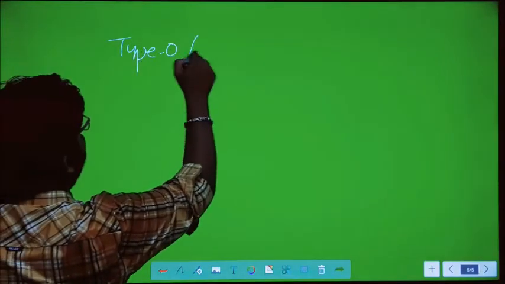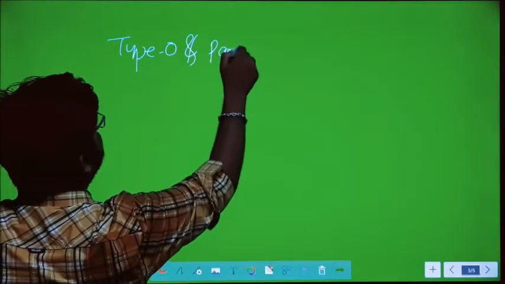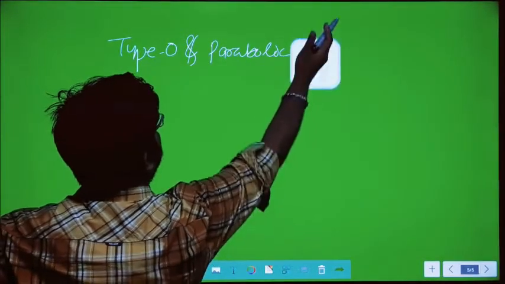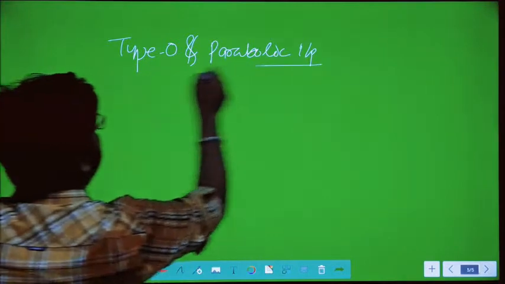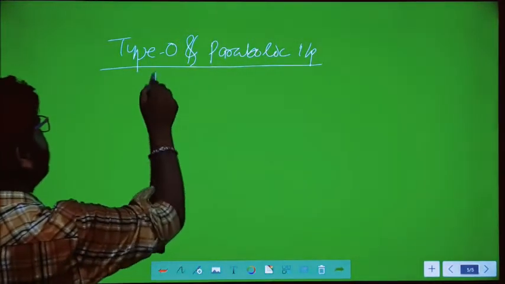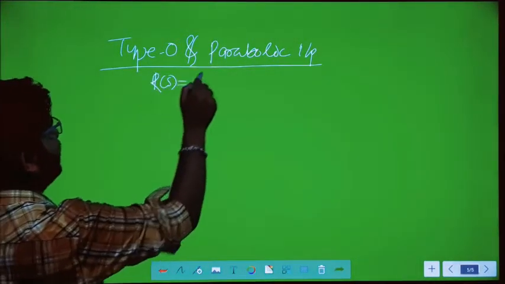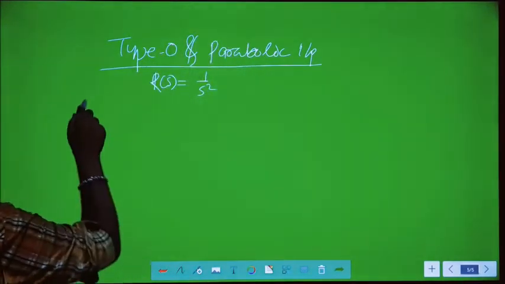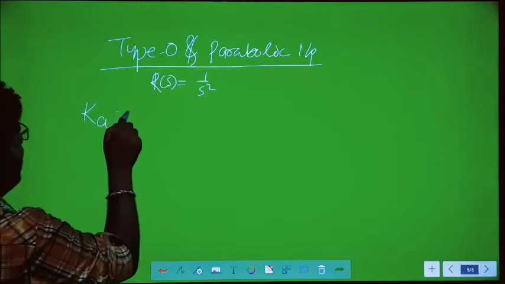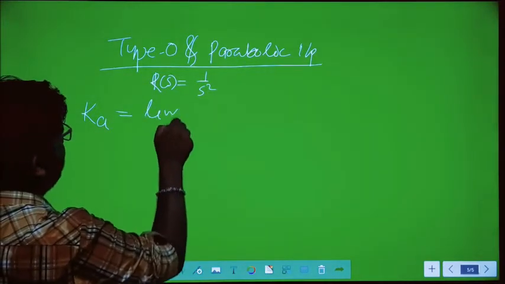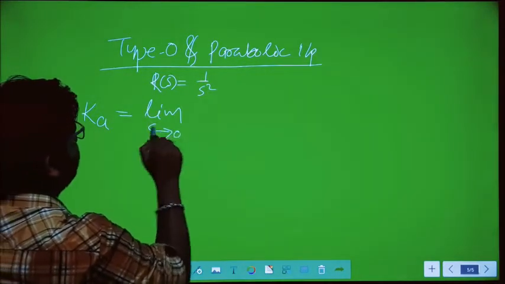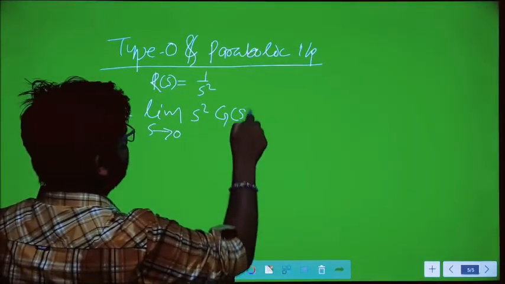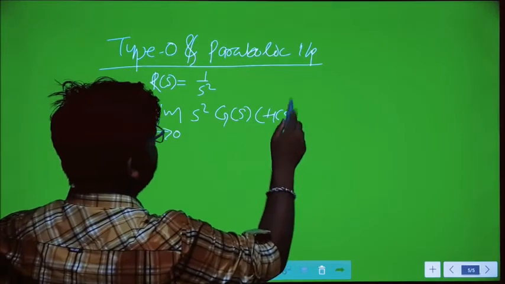Type 0 and parabolic input. What is parabolic input? That is nothing but R of s equal to 1 by s square. For parabolic input, the error constant will be Ka, which is nothing but limit s tends to 0 of s square into G of s into H of s.